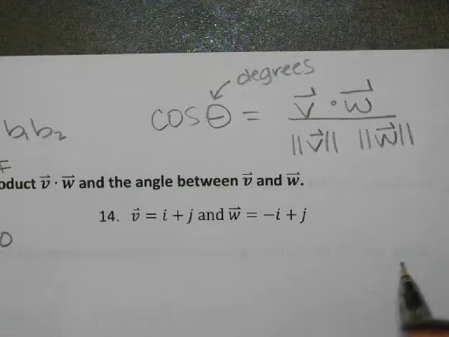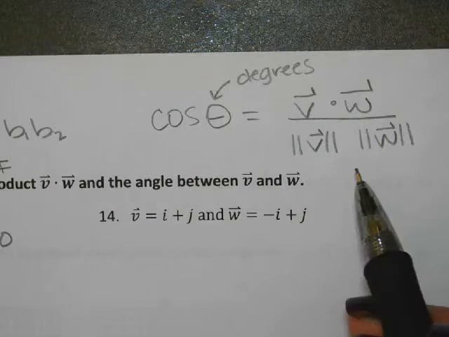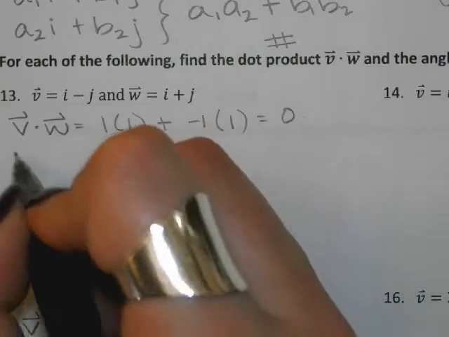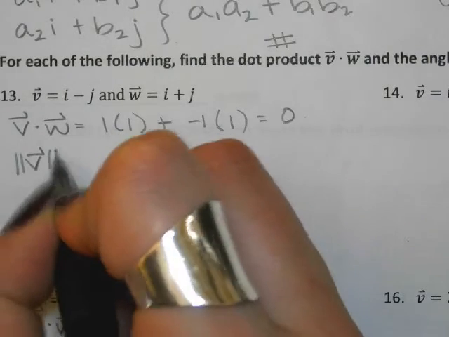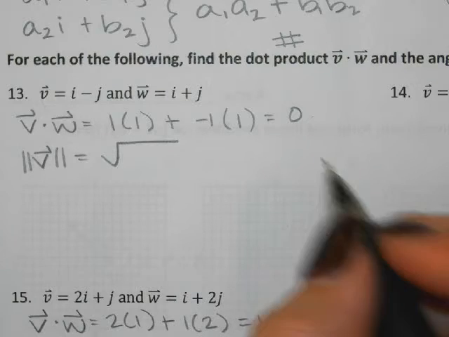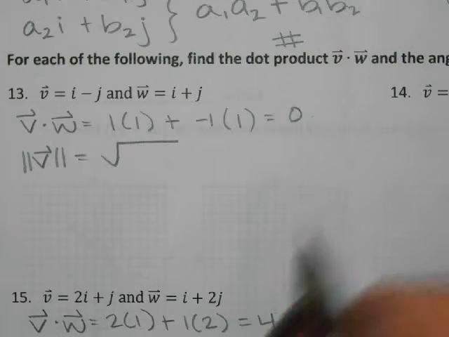Okay. So before we're able to find this fraction right here, we have to find the magnitude for each of our vectors. So let's go ahead and do this for number 13. We're going to have the magnitude of V is, what should I put underneath that square root sign?